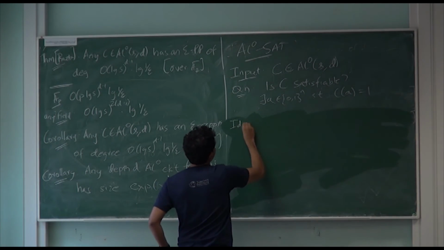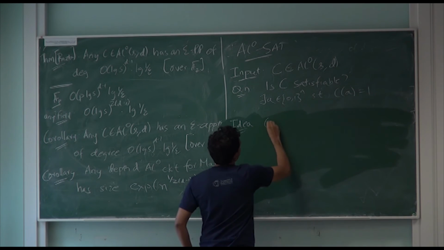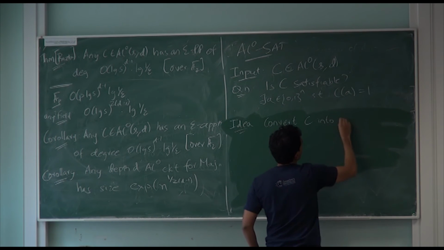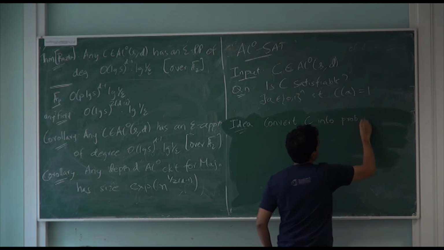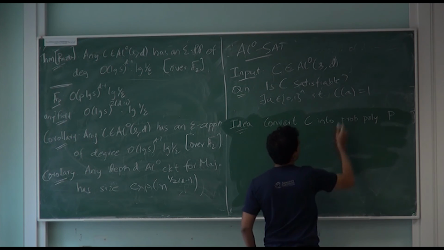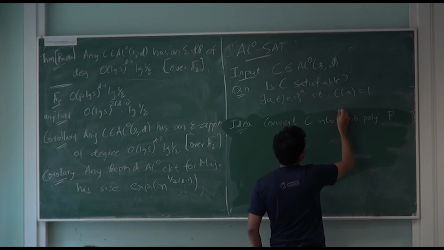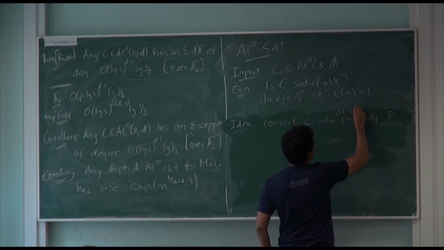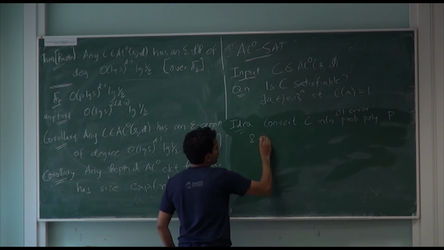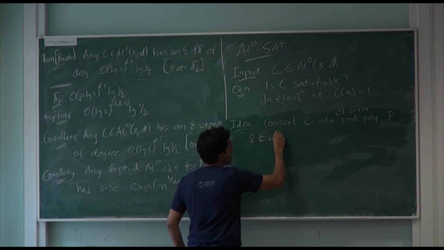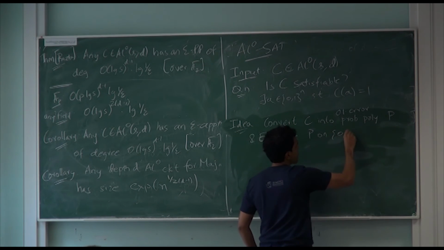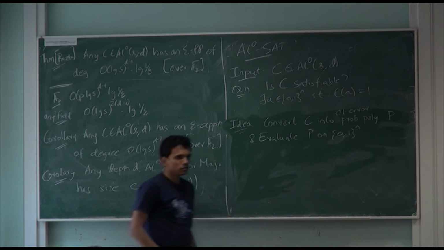So the idea: convert C into a probabilistic polynomial, let's say P. I need to specify the error here, let's say 0.1 error, and evaluate P on {0,1}^n.